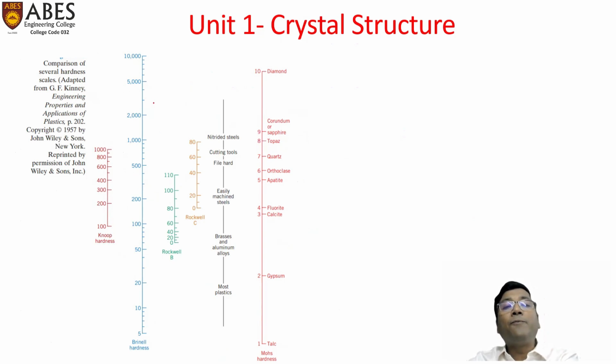So we can see that a Knoop hardness value of 600 corresponds to a Brinell hardness value of 500. Similarly, on the Rockwell B scale, it is more than 110, maybe 120, 130. And on Rockwell C, it would come to 45 or 50.